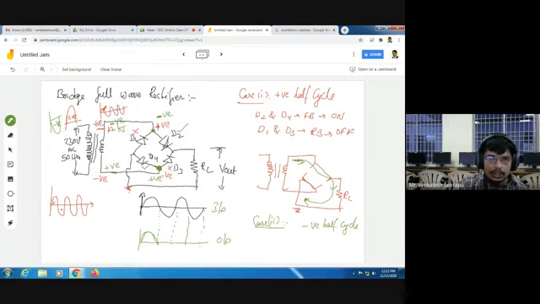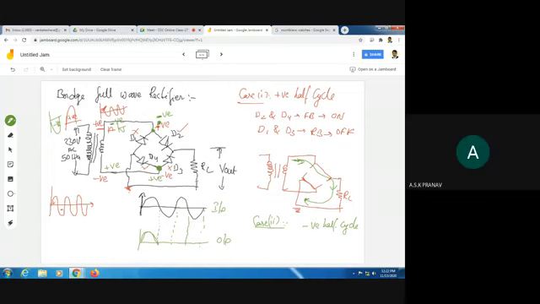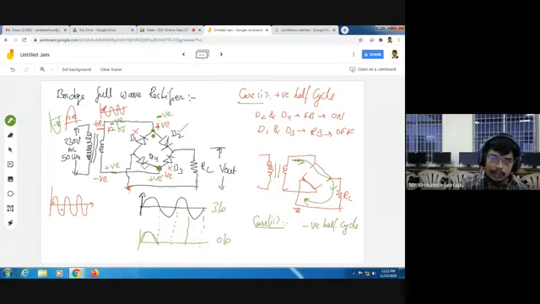Now which diodes are in on condition? D1, D3. Yes, exactly. Now negative is connected to the n-type terminal of D1, so D1 is in on condition. Negative is connected to the p-type terminal of D2, so D2 is in reverse bias condition. It is in off state. Again here positive is connected to D3, so D3 is in on condition, whereas D4 is in off condition.